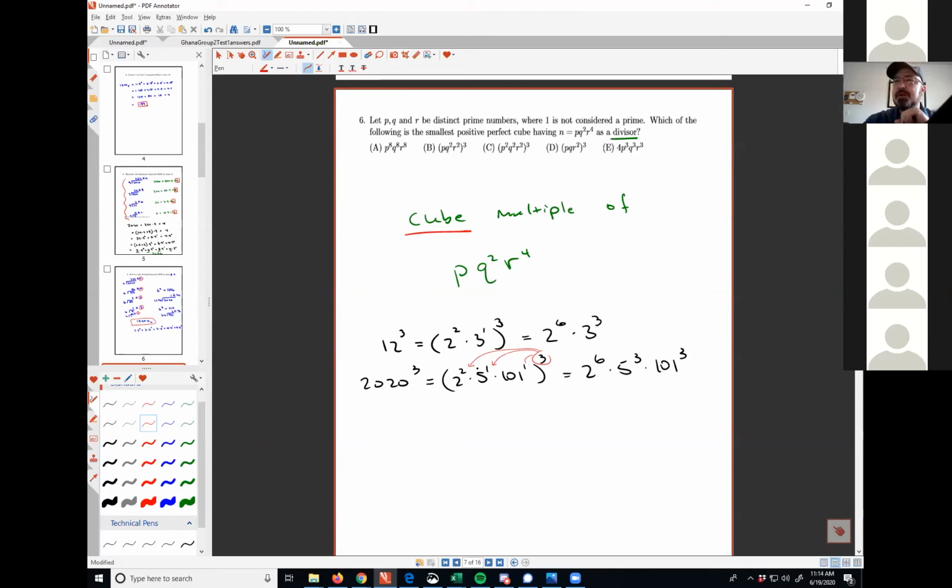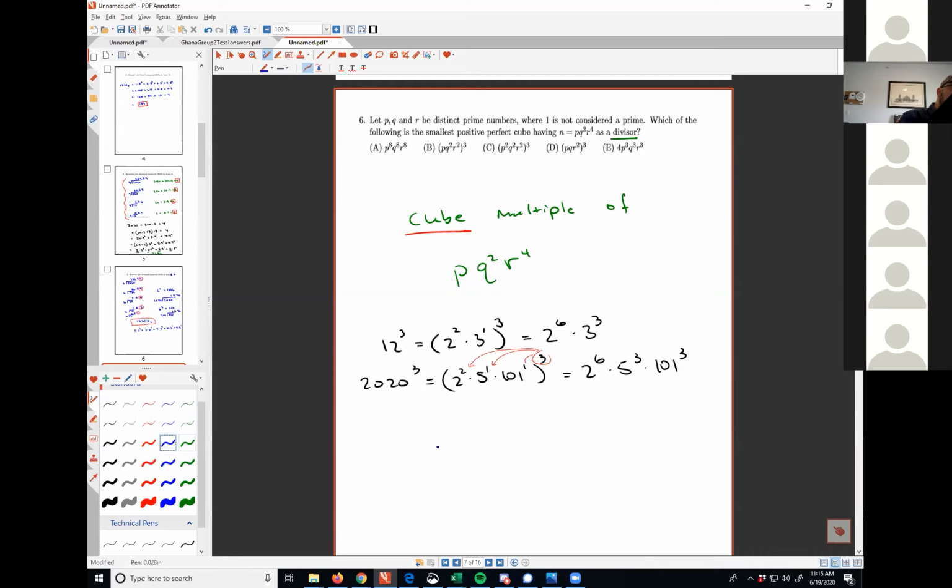Actually, it's probably good. We may be able to do this on an individual case, but we'll go ahead and establish a one-to-one correspondence. We know that all cubes have exponents in their prime factorization that are multiples of 3. Is it true that all prime factorizations that have exponents that are all multiples of 3 are perfect cubes? Yes, it is true.